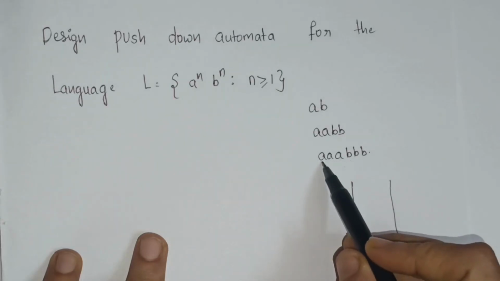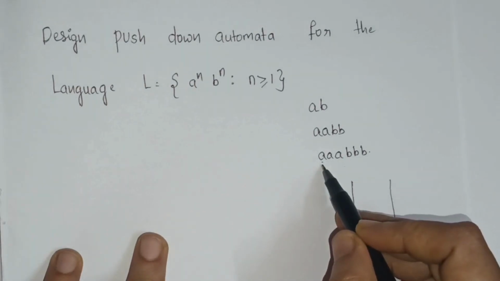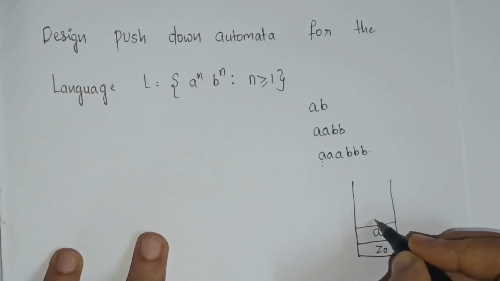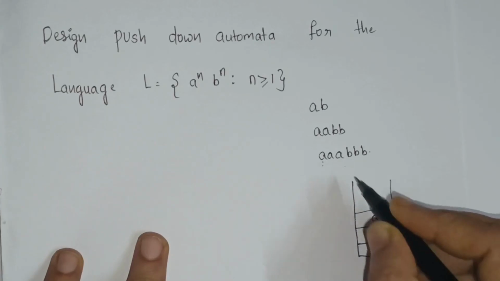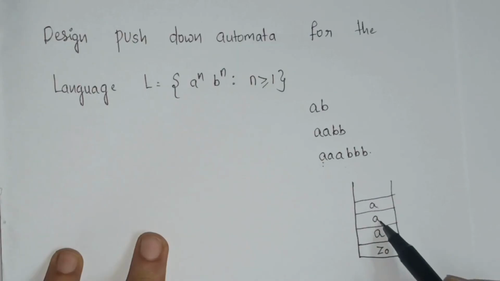Whenever an input symbol a has been read, it needs to be pushed into the stack. First a has been pushed, second a has been pushed, third a has been pushed. So whenever we see a's, all a's should be pushed into the stack.